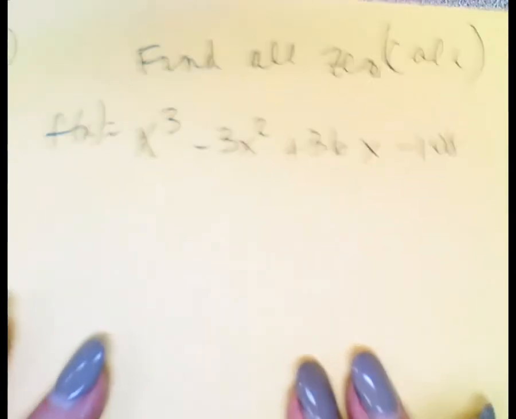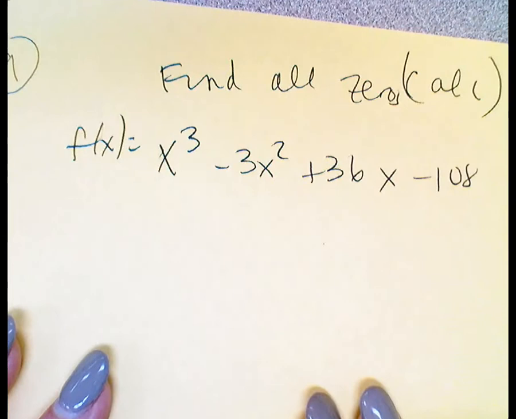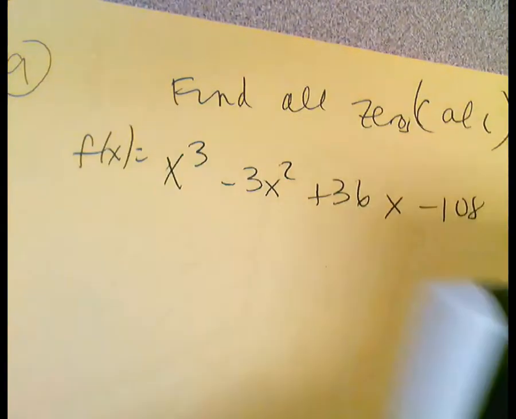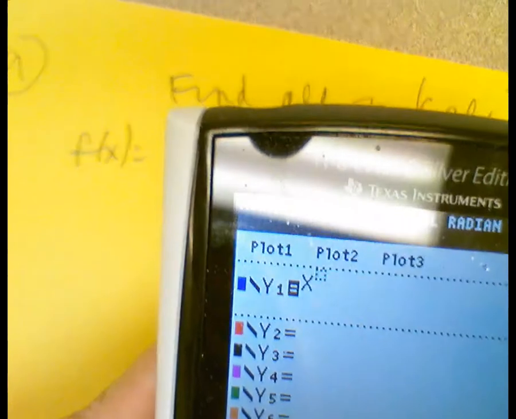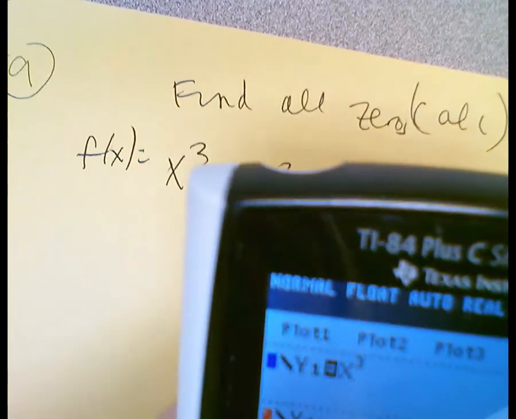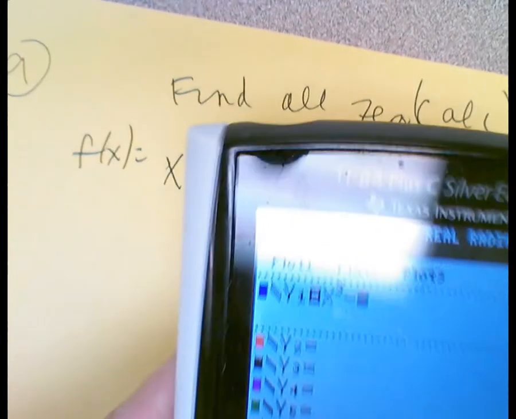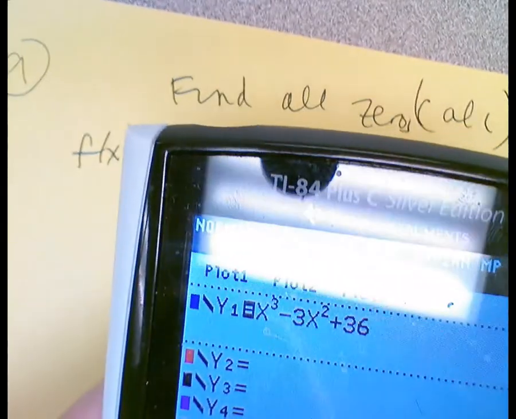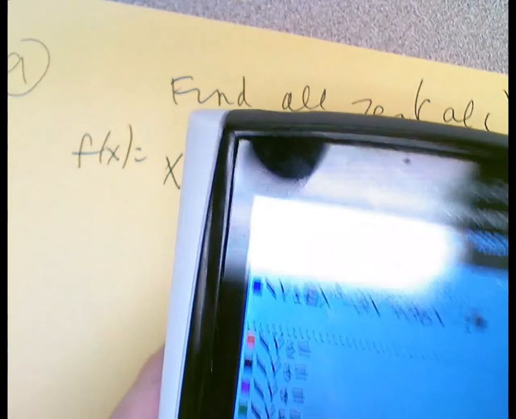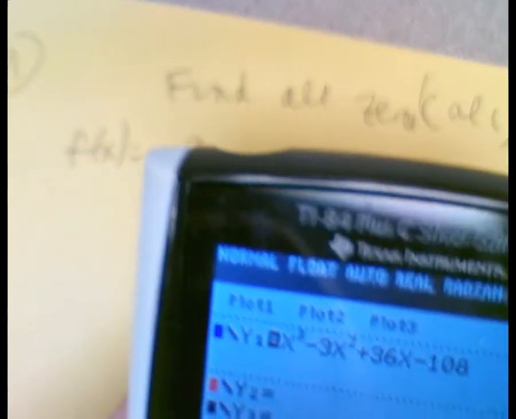Find all the zeros of this problem. You could punch it in the calculator. Let's just punch it in. You can graph it and see where it crosses the x-axis.